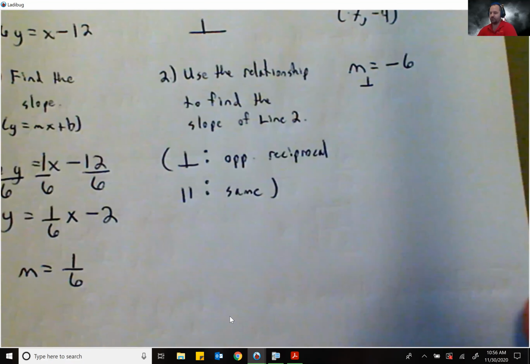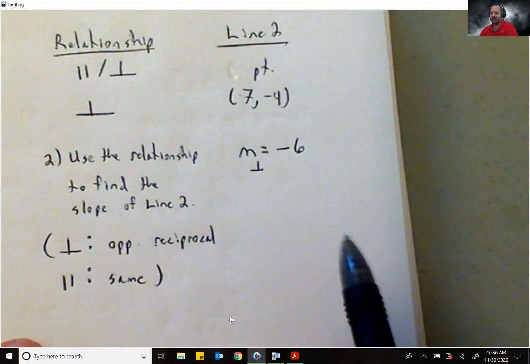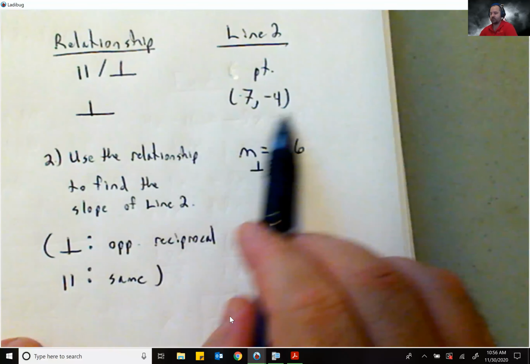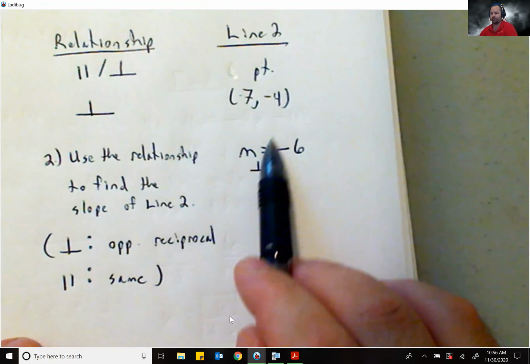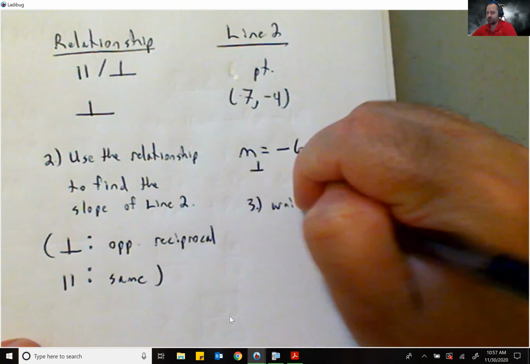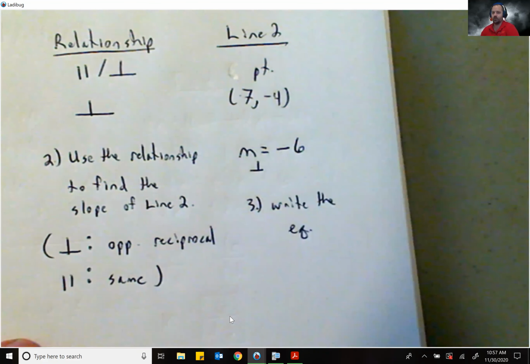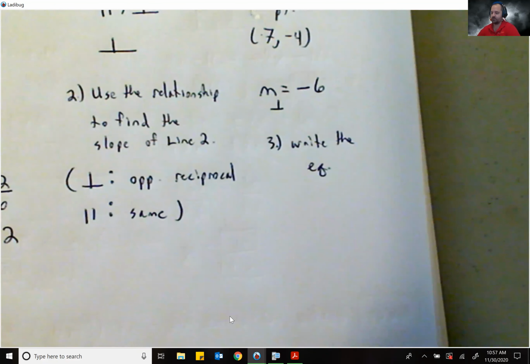So there's step 2. And now we're right back to what we just did in number 4. We have a point and we have a slope. Step 3 is write the equation. And I showed you 2 ways to do this.